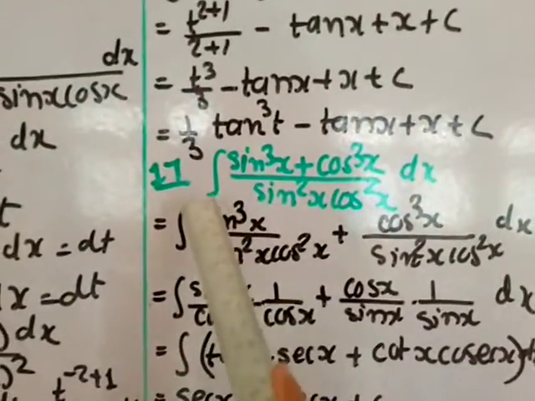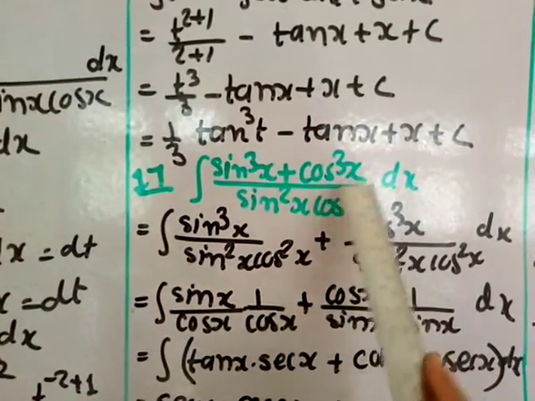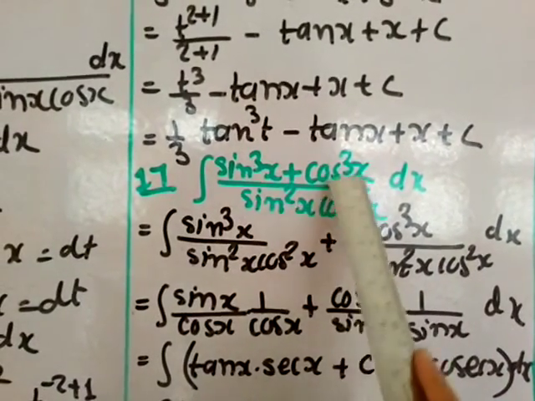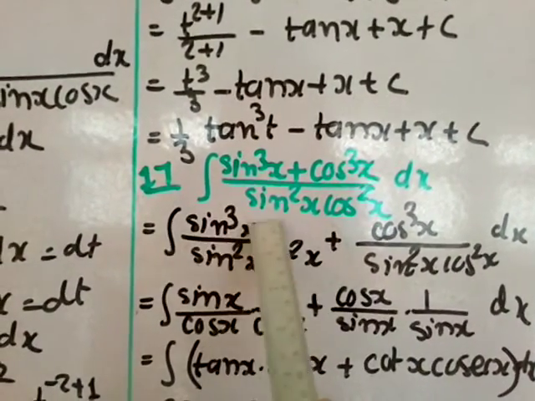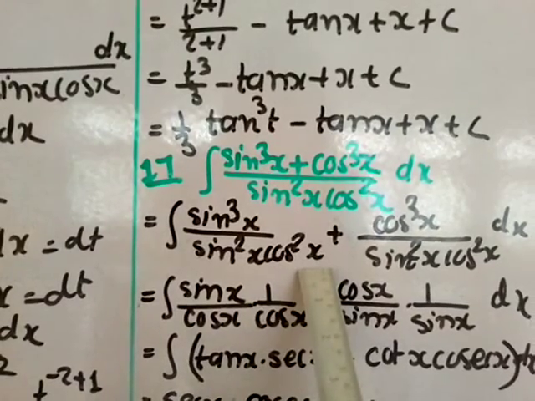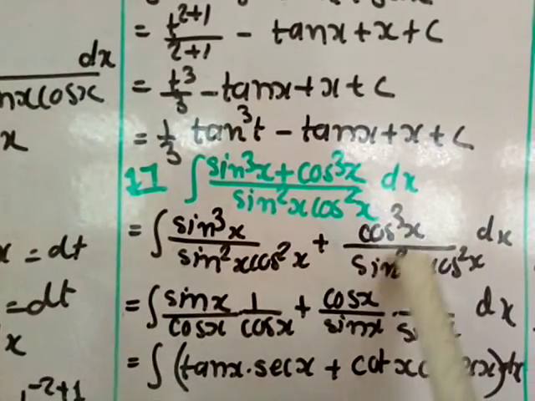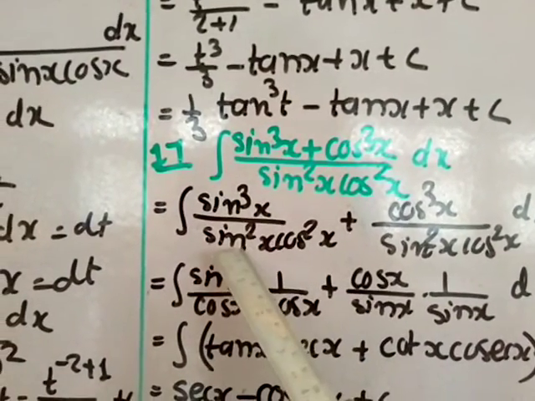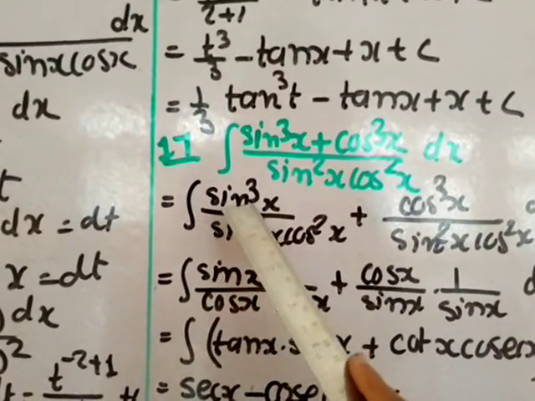Question number 17. Integral sin cube x plus cos cube x divided by sin square x cos square x dx. I'll divide both the terms by the denominator. So sin cube x divided by sin square x cos square x, plus cos cube x divided by sin square x cos square x. Here sin cube and sin square, so one sin square cut, so here remains sin x.